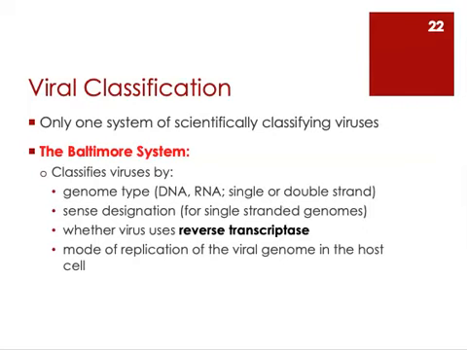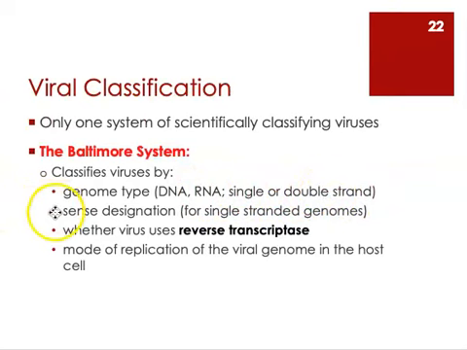The Baltimore system takes viruses and classifies them according to 4 different things. Number 1, the type of genome that they have. Remember, sometimes it's made out of DNA and sometimes it's made out of RNA. We also need to know if the molecule is single-stranded or double-stranded, because we see both in viral particles.